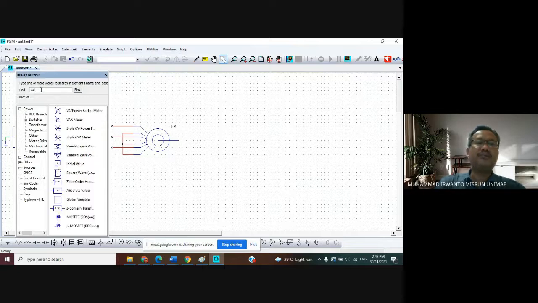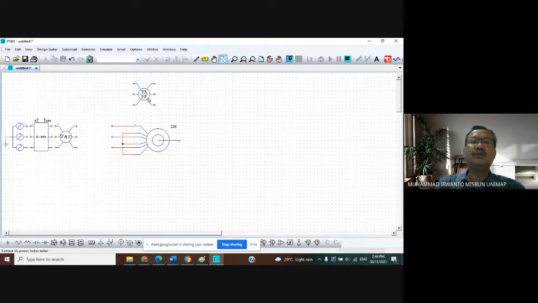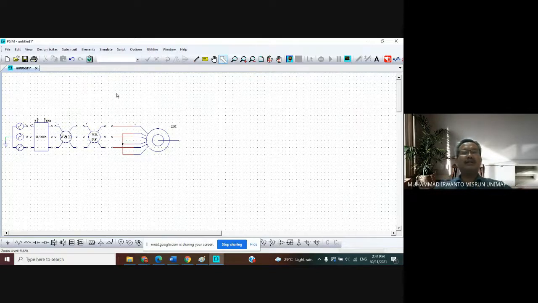You type in here PA. Now, where is it for the three-phase? This one, it is for the three-phase. And then place it. Okay, after that, connect all.